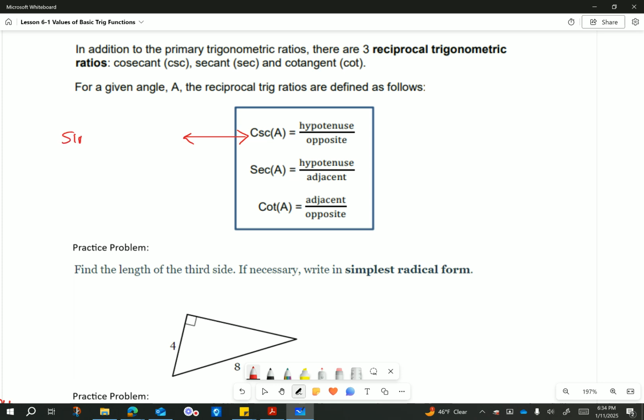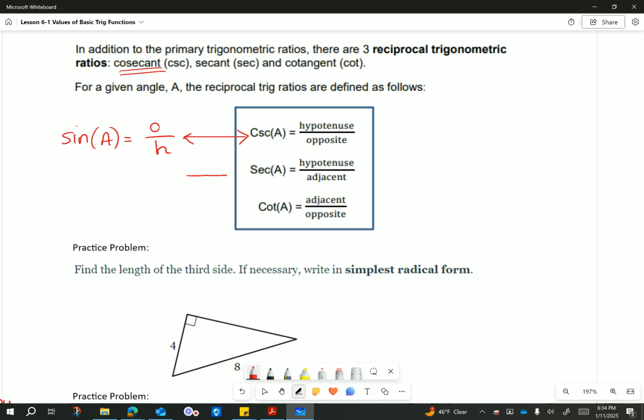And we're using the letter A as from the previous page, opposite over hypotenuse, okay? So sine is opposite over hypotenuse, but notice that cosecant, CSC stands for cosecant, is going to be the reverse, the reciprocal. So the O goes downstairs and the H goes upstairs, so it's a hypotenuse over opposite.